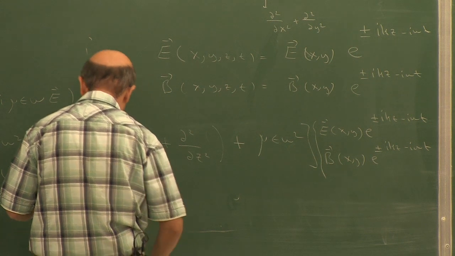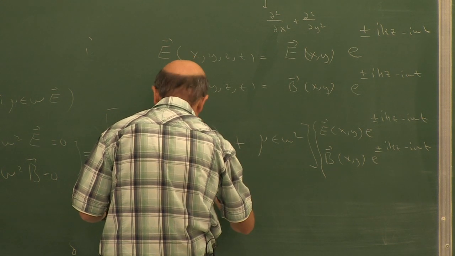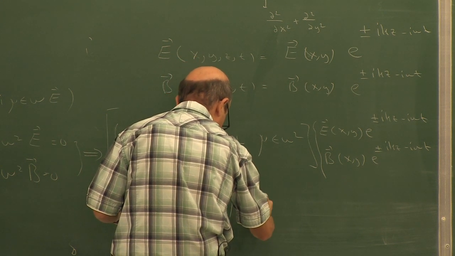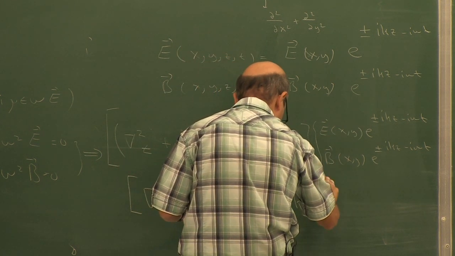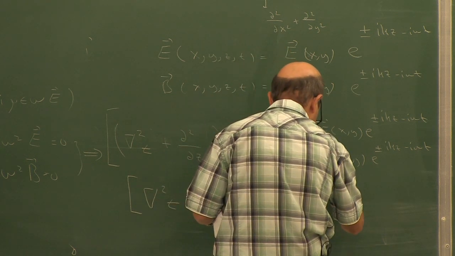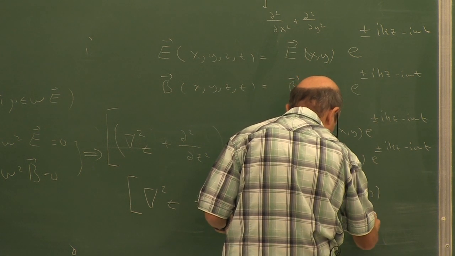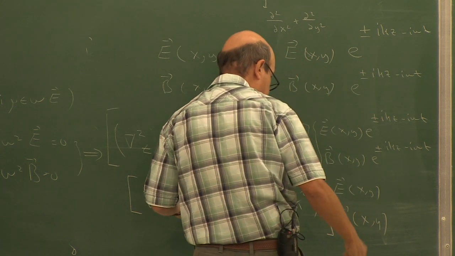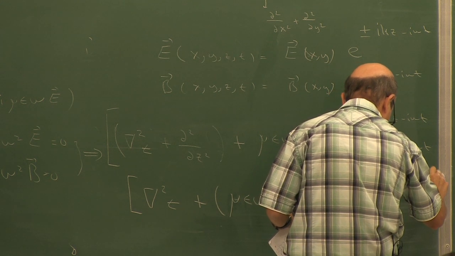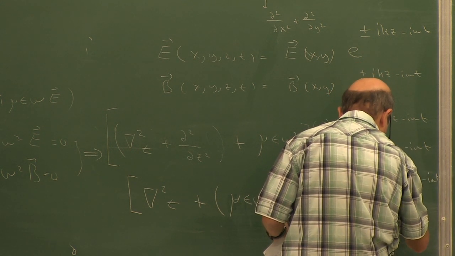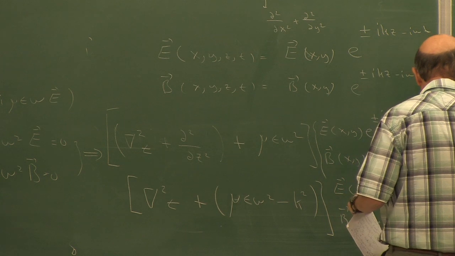Del squared transverse plus mu epsilon omega squared minus k squared, and then you have E_xy and B_xy, and the exponential terms also, e to the plus minus ikz minus i omega t, have to be equal to 0.